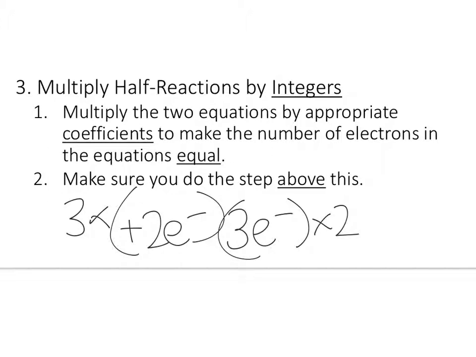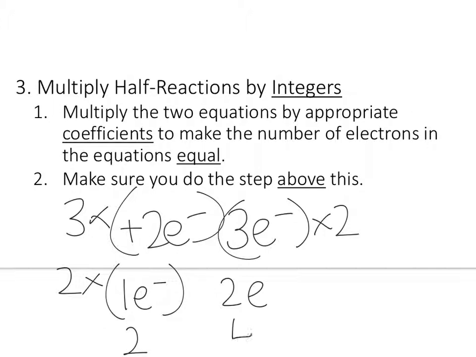You can basically just multiply each by the other number, but if one's doing 1 and the other's 2, we just need to double this. Or if one's doing 2 and the other's 4, we just need to double this, instead of multiplying this side by 4 and this side by 2. Anyways, make sure they have the same number of electrons being transferred.